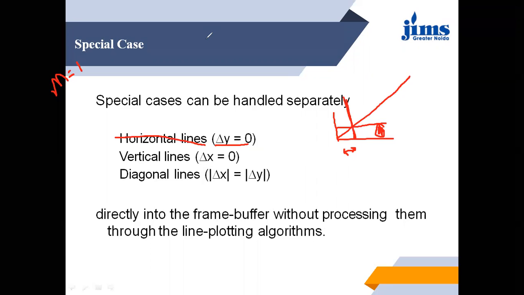So in these cases, we can put these values directly in the frame buffer. By putting these values in the buffer, we can decrease the calculations we have to perform to find the next point.